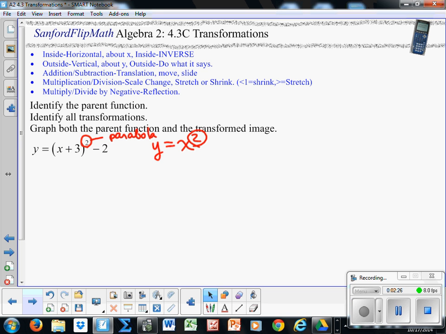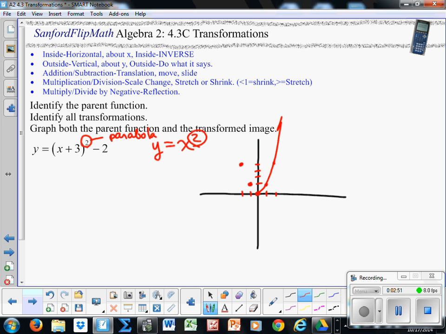So I'm supposed to graph the parent function and any transformations. Well, the parent function is y equals x squared. I think I mentioned in other videos that the standard parabola, if I go right 1 and up 1 from the vertex, left 1 and up 1 from the vertex, I can go right 2 and up 4. This is kind of like a way to do quick point plotting without actually doing a table.